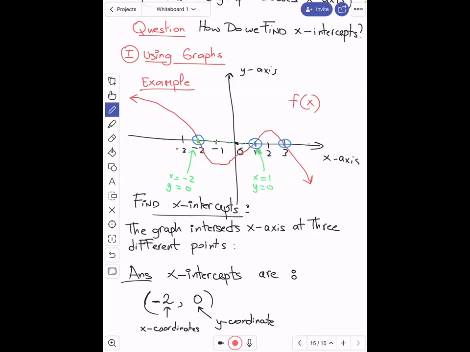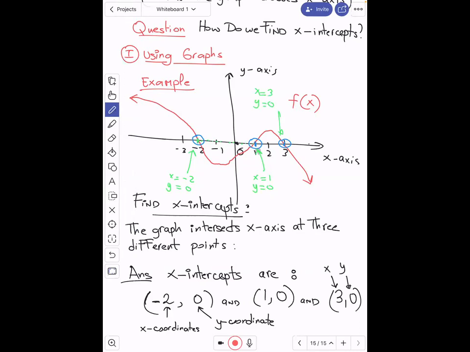Okay, so my second point is x is 1, the output y is 0 again. And my last point, my third x-intercept, would be this one right here. So x is 3, the output y again is going to be 0. So x is 3, and the output y is 0.